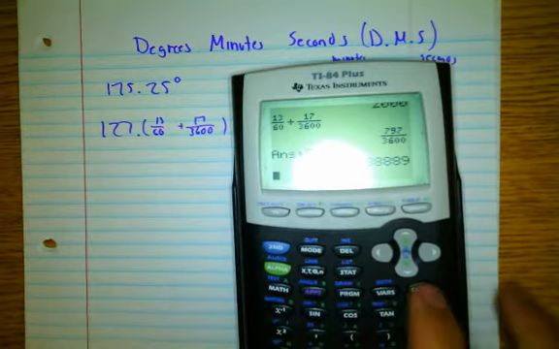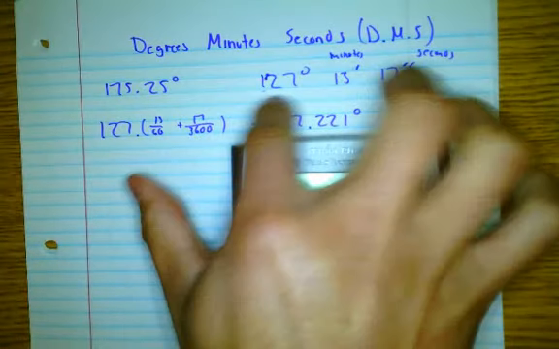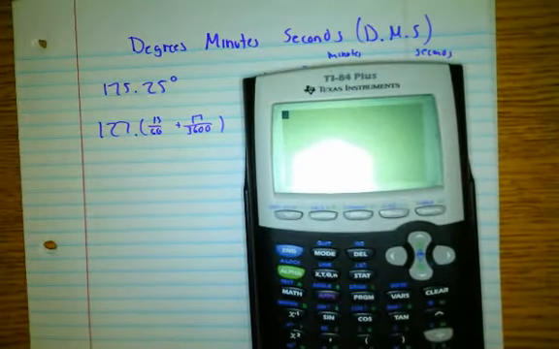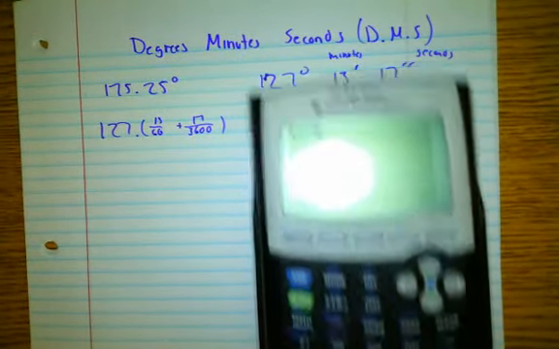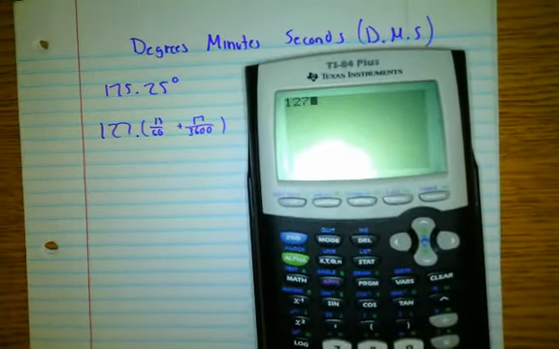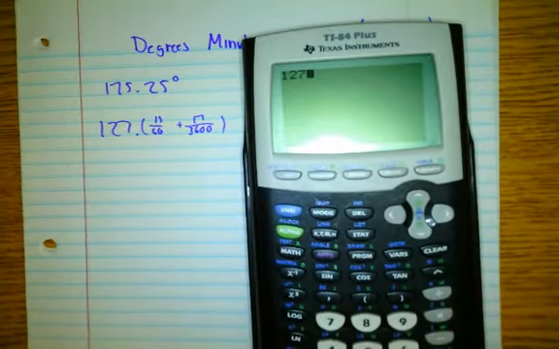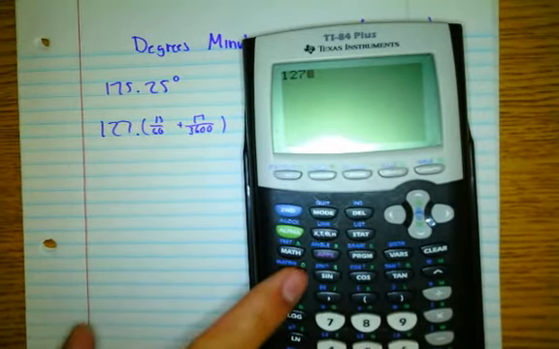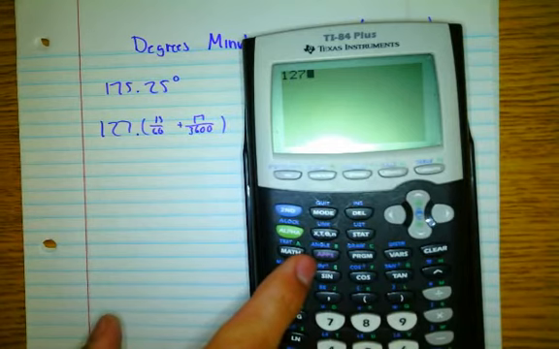Now, I need to put the degree symbol. The degree symbol is under the angle menu. And the angle menu is located, you locate apps, you need your calculators. So you're just going to watch now because you're running out of time. Second apps gives you the angle menu. Look at the very first symbol there. Degrees. Bingo.